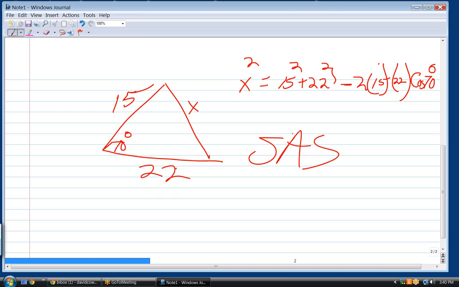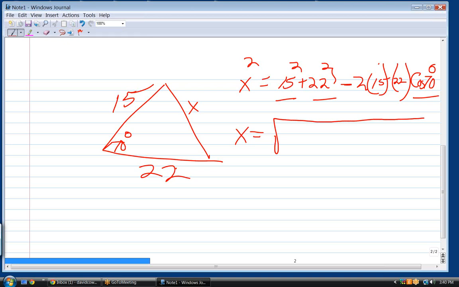In this case, there's only one unknown. What is the unknown? The side x. Exactly. We know what that number is, we know what cosine of 70 degrees is. So x is equal to the square root of all of this.